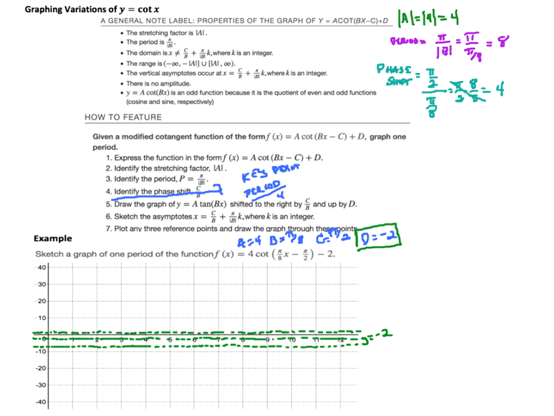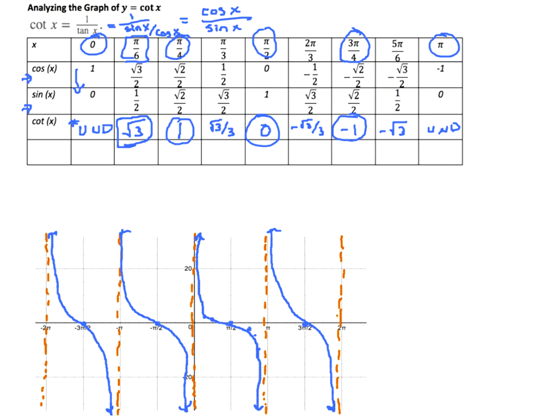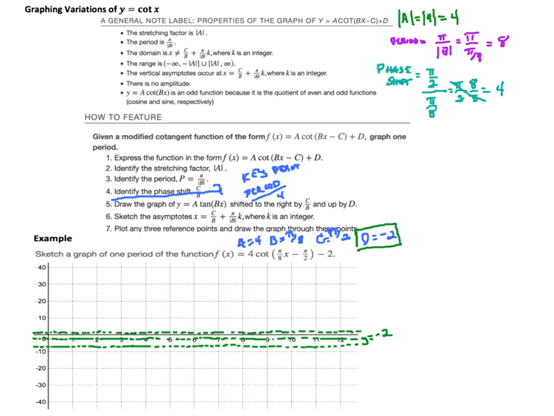Positive. So what that tells me is instead of my cotangent function starting with that asymptote at 0, that's going to shift it to the right 4. So my first asymptote and my first key x value is at 4.